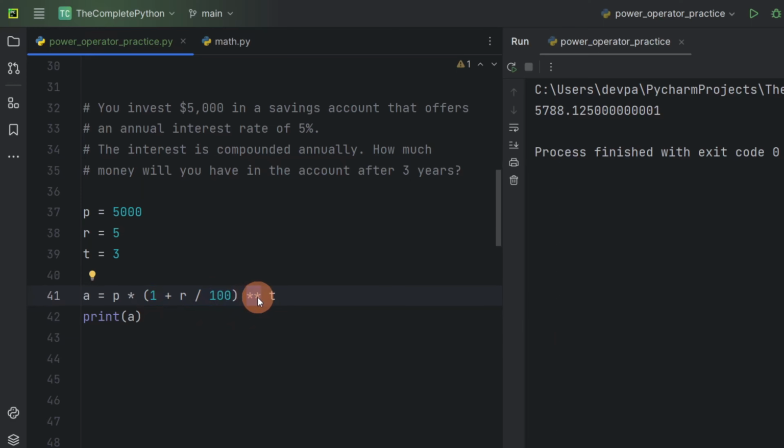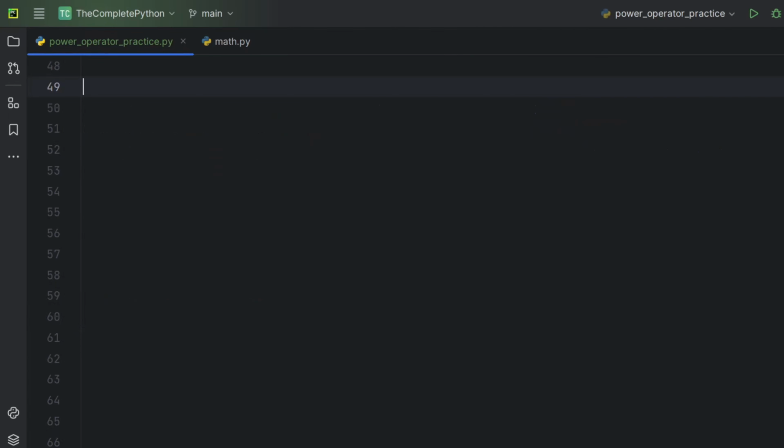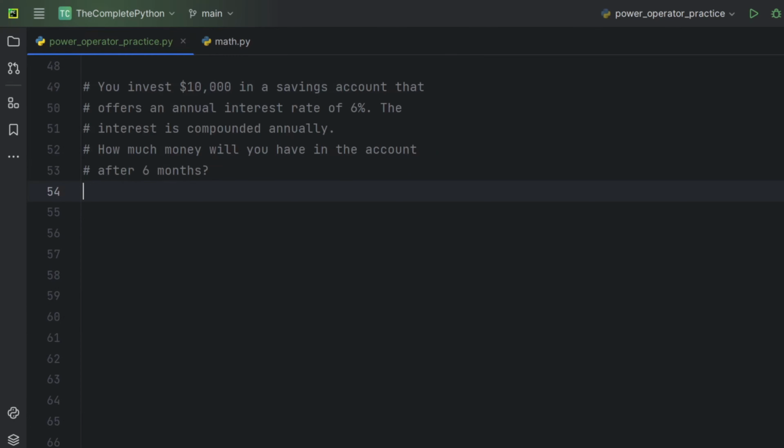Next, power operation will be performed. Then whatever the result, it will be multiplied with principal. Then assignment operator will take this value and assign it to the variable a. Hence, after 3 years, the balance in our account will be $5,788. Let's solve one more question.